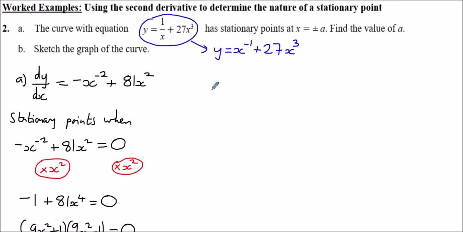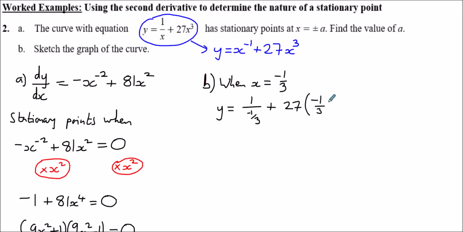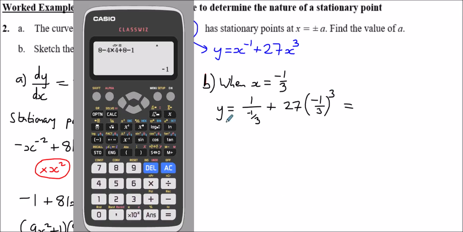Okay, so what I'd suggest we do is find the coordinates of these stationary points. So let's just think about when x is minus 1/3, what y would be. So y would be 1 over minus 1/3 plus 27 lots of minus 1/3 to the power 3. So God knows what this is, let's just see.